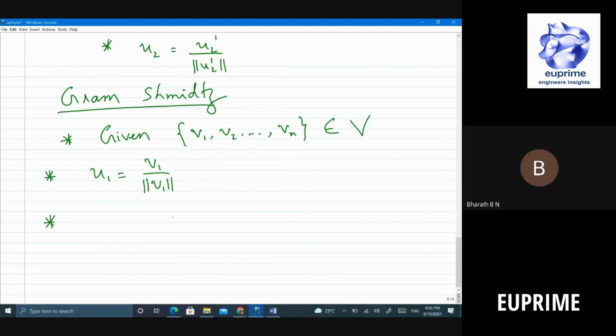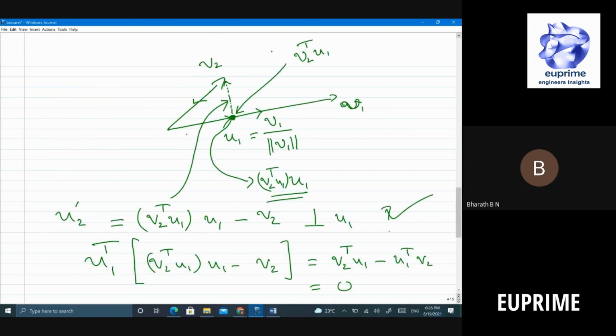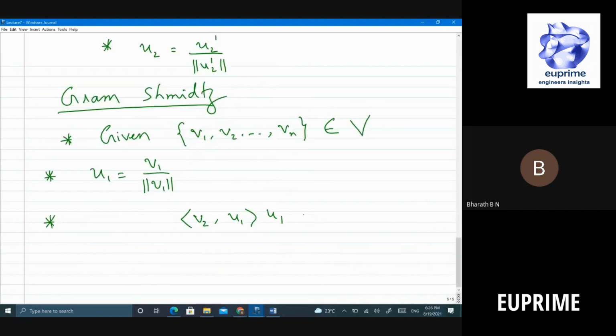I have to take the inner product of v2 with u1, go along the direction of u1, and subtract it from v2. So this gives me u2 dash. Now u2 is u2 dash divided by norm of u2 dash. You can check that these are orthogonal and orthonormal.